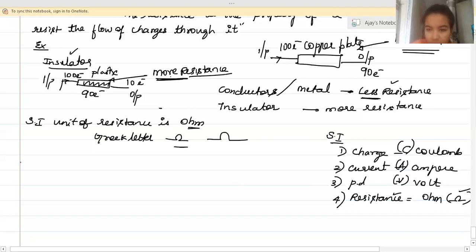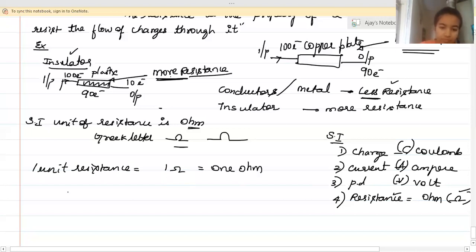Fine. Now we'll define 1 unit of resistance. That is nothing but 1 ohm. From Ohm's law, R is equal to V by I, no?